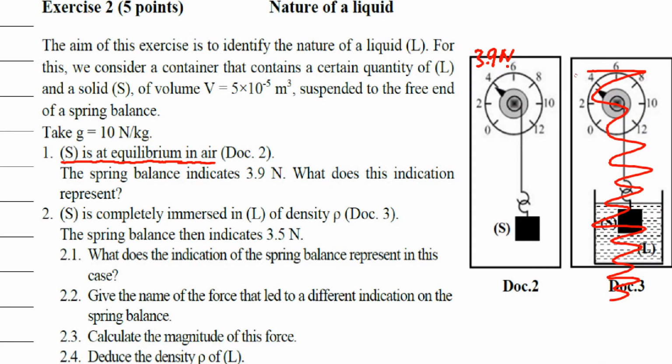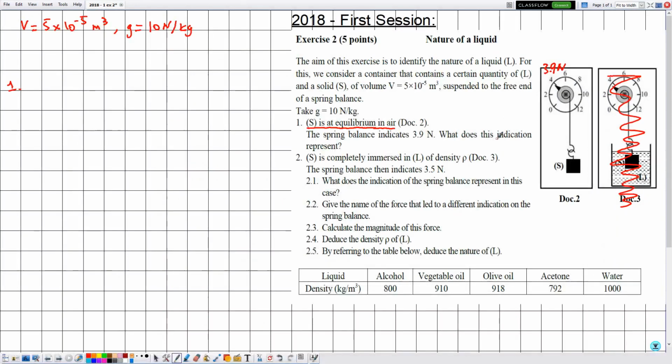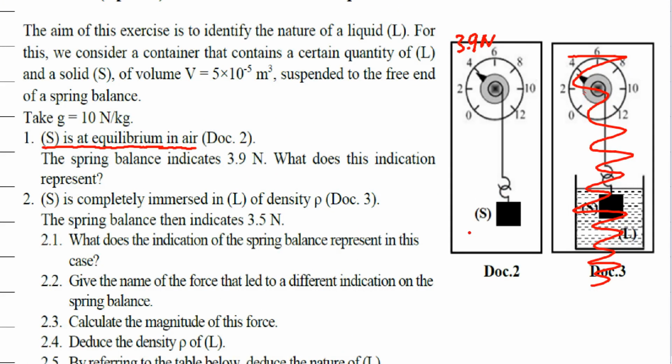So knowing that newton is the unit of a force, in particular the weight, what does this indication represent? Here, because the solid S is suspended from the spring balance at equilibrium and in air, the spring balance indicates its real weight.